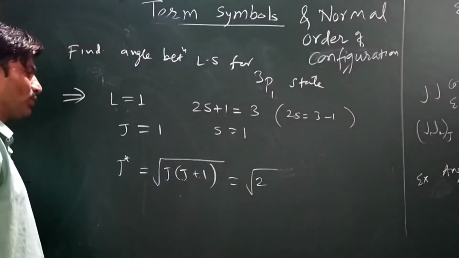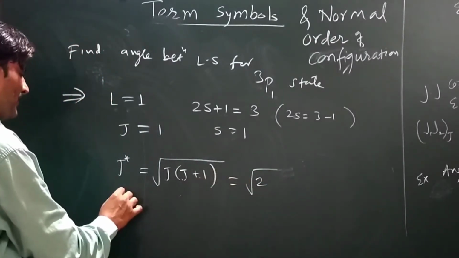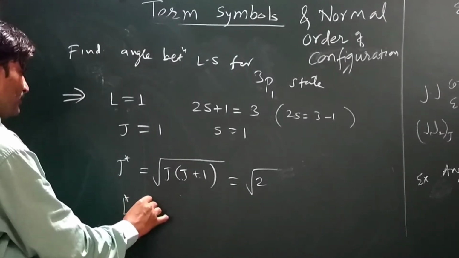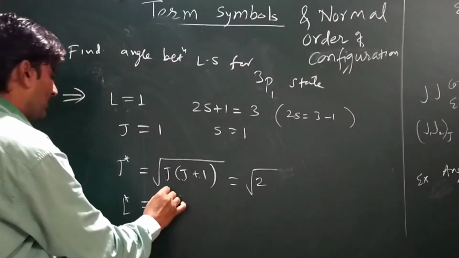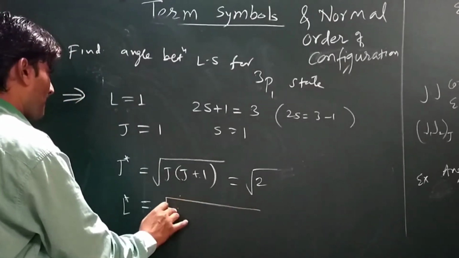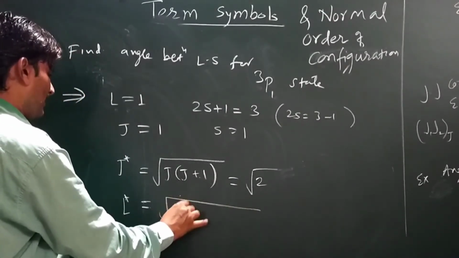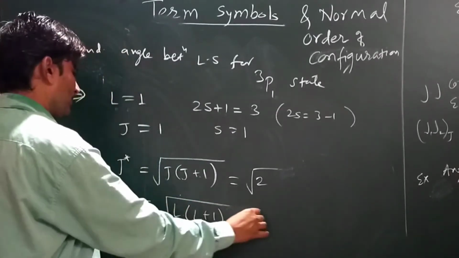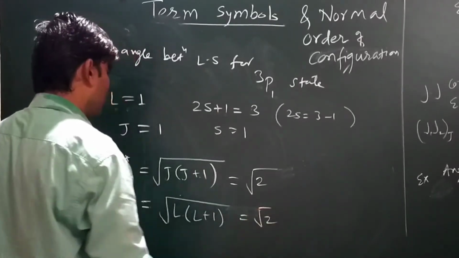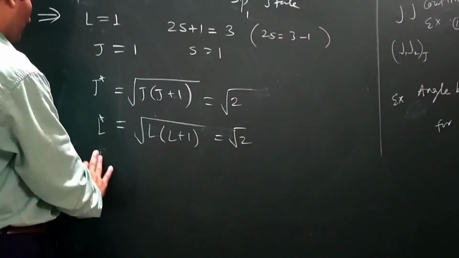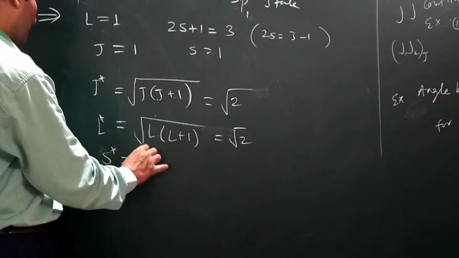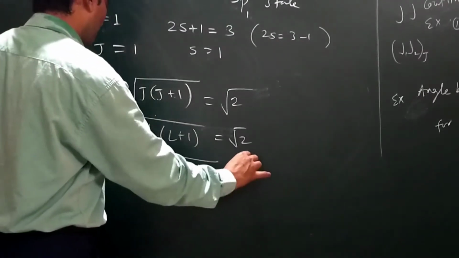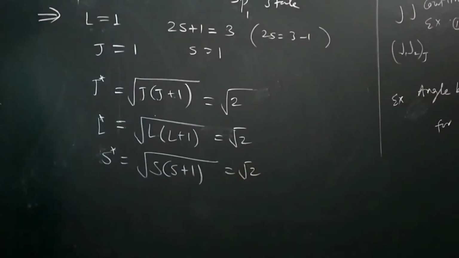So root 2 is the value of J star. And the value of L star is again the square root of L plus 1, so again root 2. And for S star, that is the square root of S plus 1, again root 2.